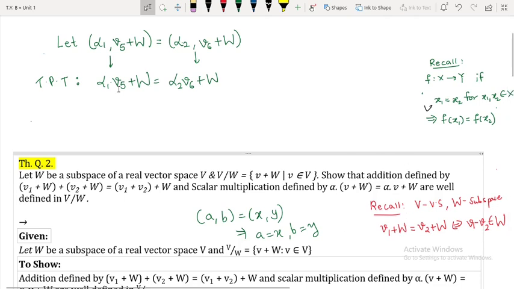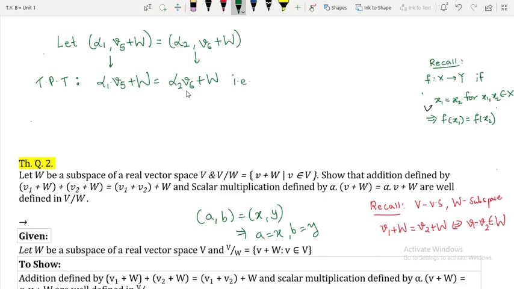In order to prove these two cosets are equal, I should show that the subtraction of the representatives belongs to W, that is, alpha 1 V5 minus alpha 2 V6 belongs to W. Just keep this in mind. So I will start the proof with this statement.